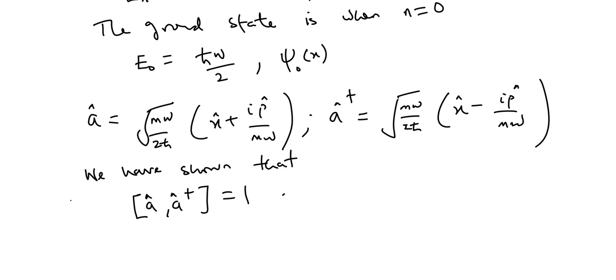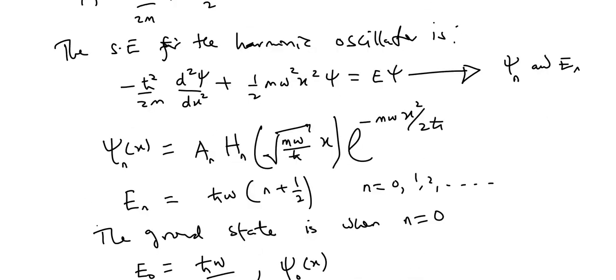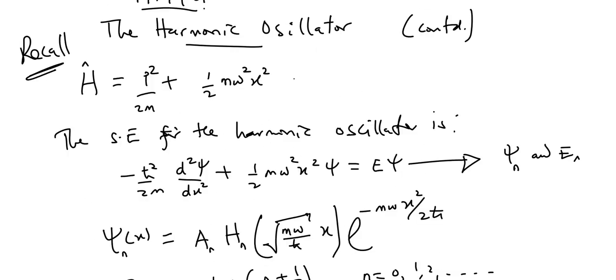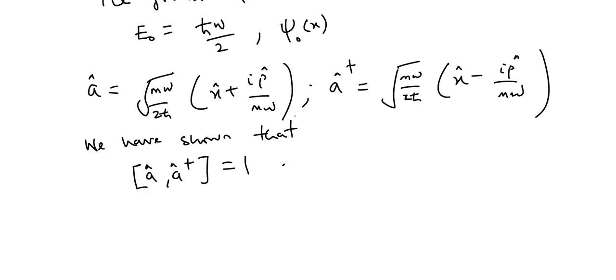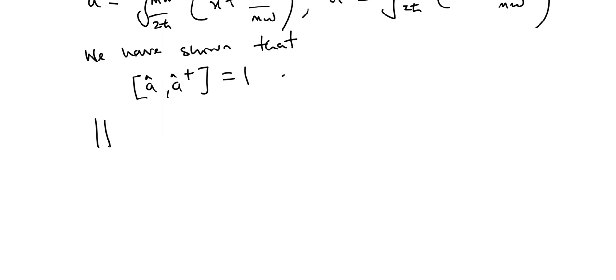Then also we have shown that we can write the harmonic oscillator Hamiltonian in terms of the two operators a and a dagger as h bar omega into brackets a dagger a plus half.